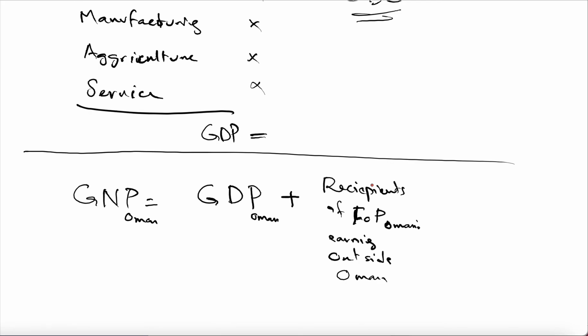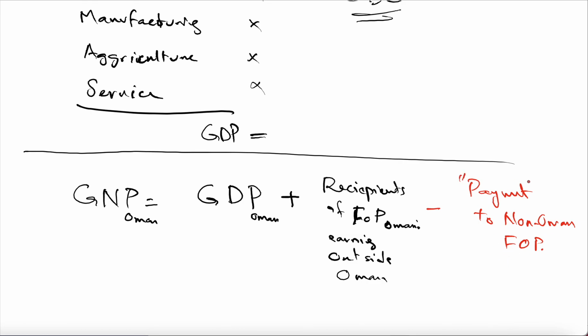And then we have to subtract the payments to non-Omani factors of production. So if the workers are Indian, he receives the salary and he takes the money back to India.